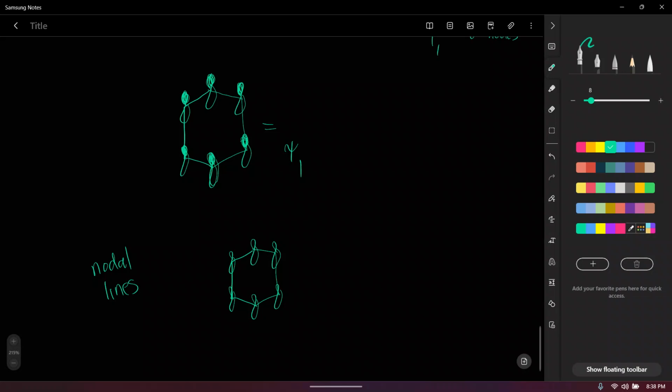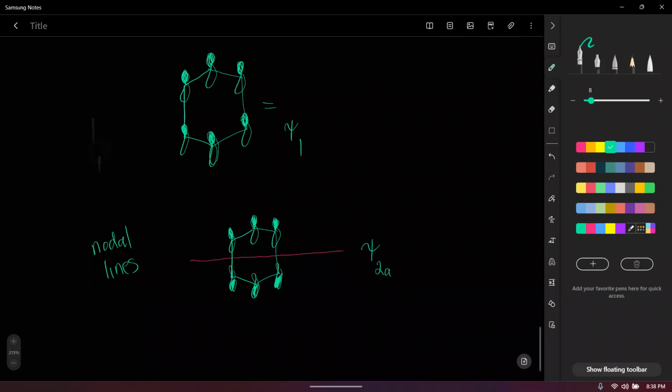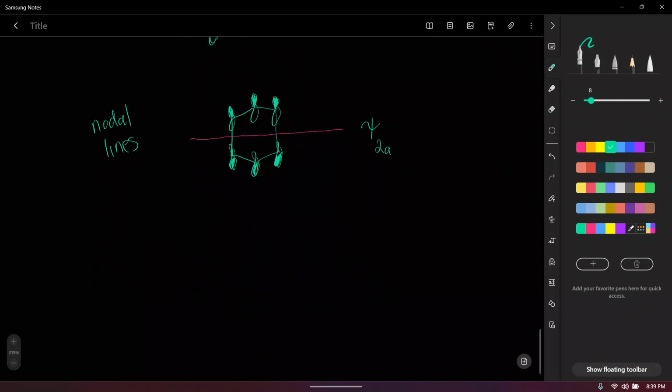A really easy way to make a nodal line would be to have a nodal line that cuts the benzene ring right in half, like this. And in order for me to do that, I would shade these on the top half, and I would shade these on the bottom half. And hopefully you guys can all see that that would in fact be symmetric, and it would in fact only have one nodal line. So this would be psi 2a.